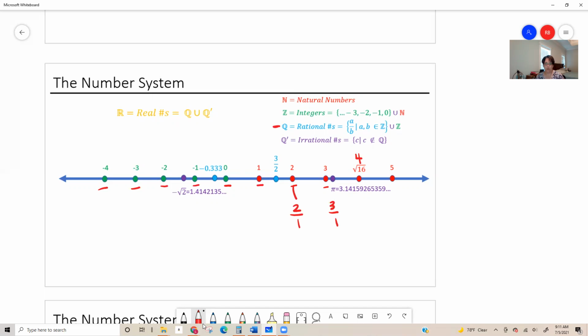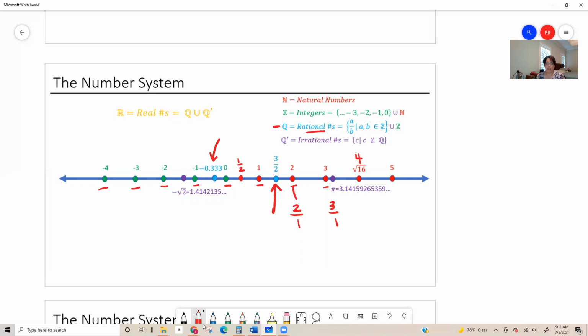But then the rational numbers also include any of the other fractions that go in between. So we could have 1/2 right here, and that would be a rational number. Also, repeating decimals are going to be rational numbers.